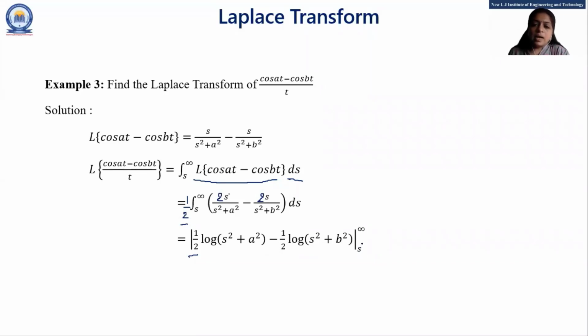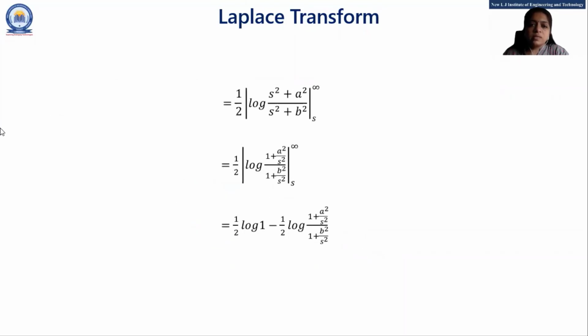Now again, if I apply the rule of the logarithm, then I will put this term as 1/2 is common, and here log s square plus a square upon s square plus b square, right? Again, we take s square common and will convert 1 plus a square upon s square and 1 plus b square upon s square. By putting infinity, we'll get our first term as log 1, and the second term is kept the same.